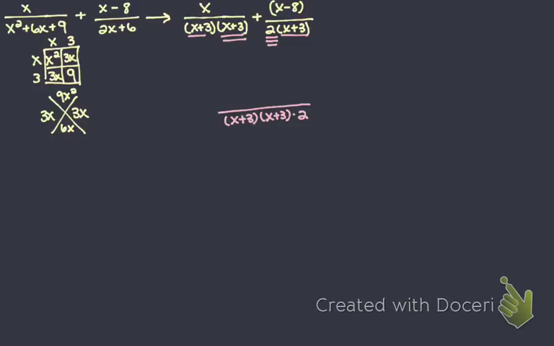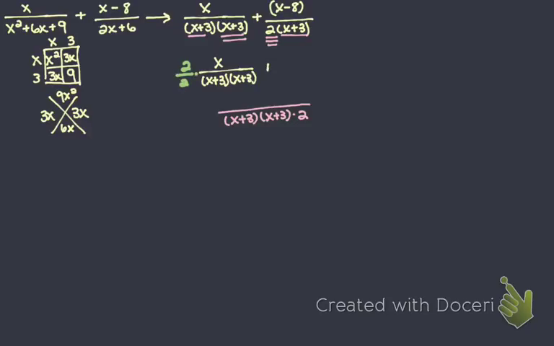So if I rewrite my first expression, x over x plus 3 times x plus 3, I need to multiply it by a 2 over 2 so that I don't change its value. I'm going to multiply this by a giant 1 of 2 over 2 to get it to have a common denominator.